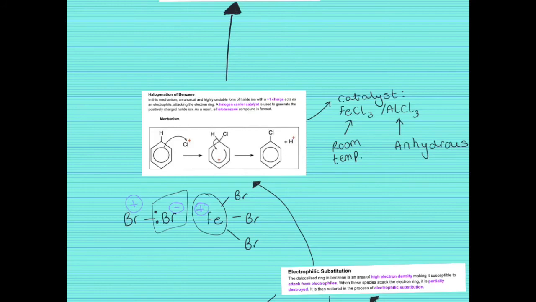Same kind of mechanism. The delocalized electron ring becomes unstable for a moment. You end up again with a hydrogen knocked off because the chlorine's taken its place. What you will end up with from this is this positive, but then you'll end up with FeBr4, which is negative.